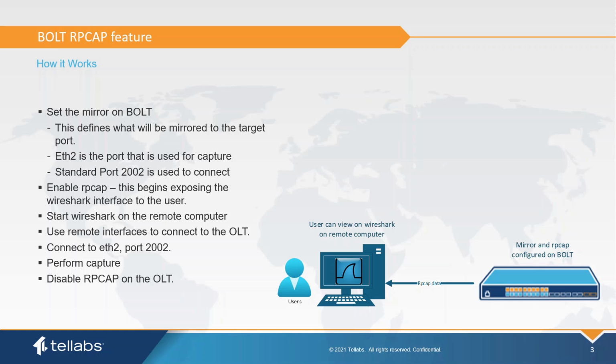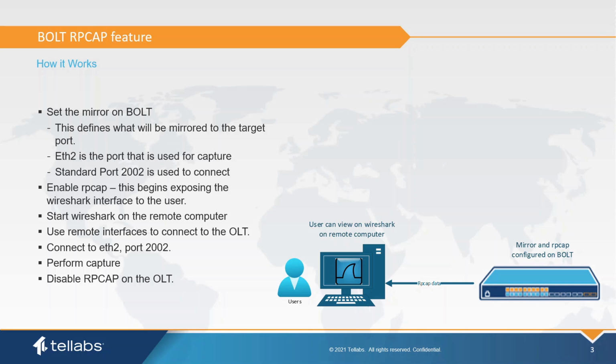Then you can enable RPCAP. And once you enable RPCAP, this allows you to use Wireshark on a remote computer and use the remote functions of Wireshark to actually get an RPCAP from the Bolt.